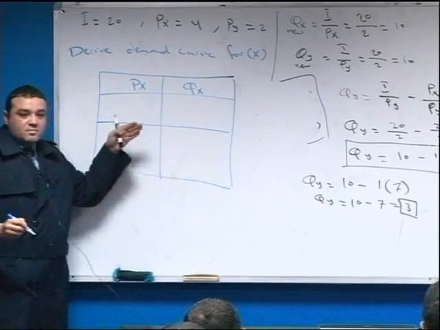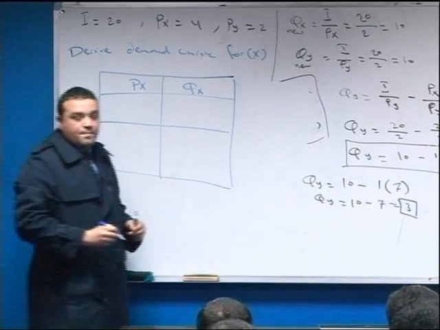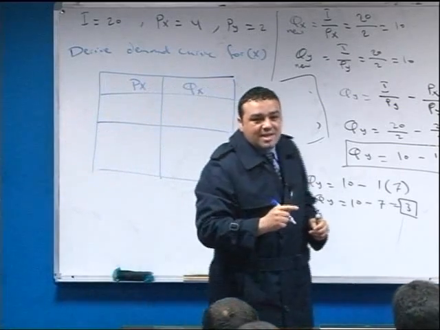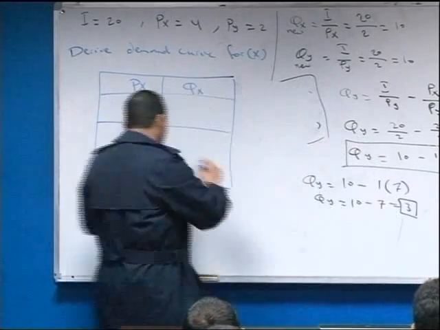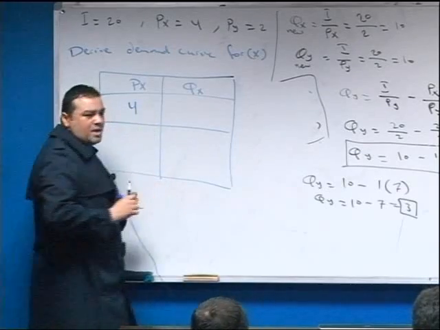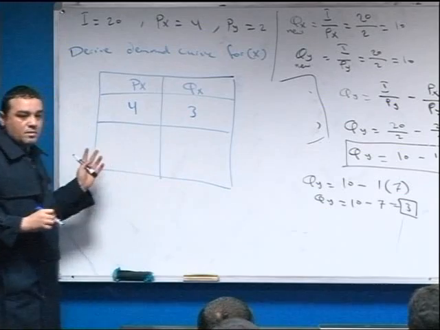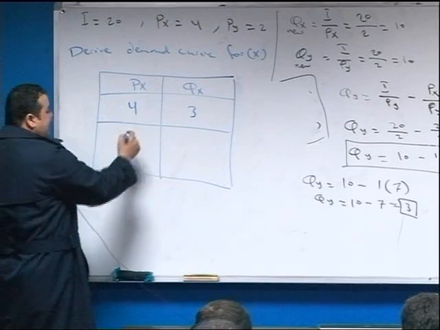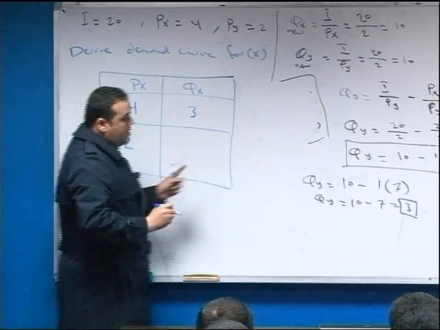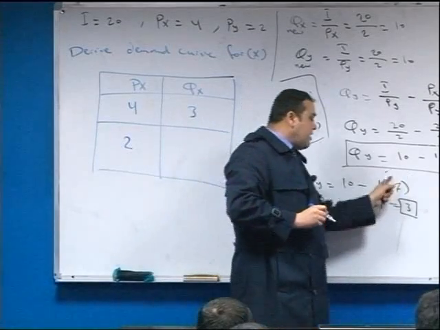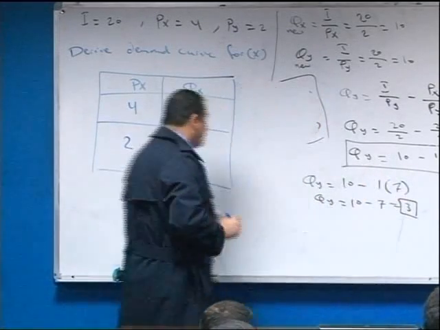In the first case, for the question, the price of X was how much? 4. And the quantity demanded was how much? 3. Now, when the price of X declined to 2, the quantity achieved the equilibrium was 7.